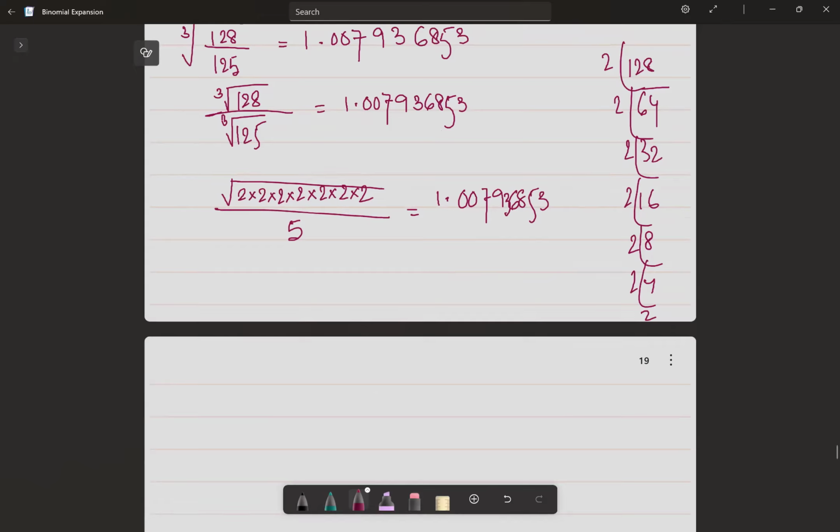And what happens inside the root? So we know for square root, the shortcut was for every 2 numbers, 1 number comes outside. For cube root, the shortcut is for every 3 numbers, 1 number will come outside. For every 3 numbers, 1 number will come outside. So from here 1 two will come outside, and from here 1 two will come outside.